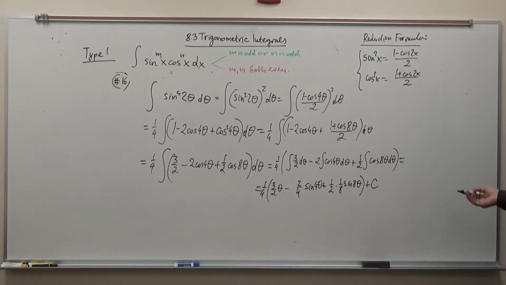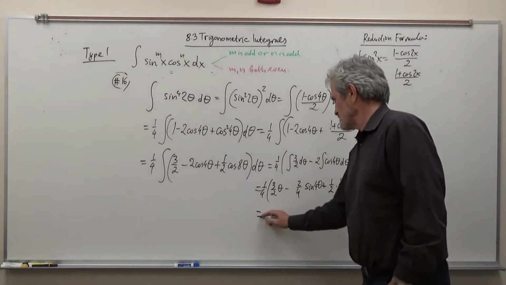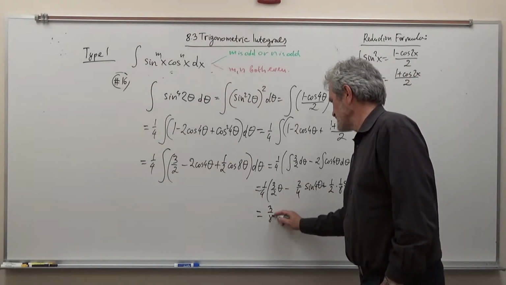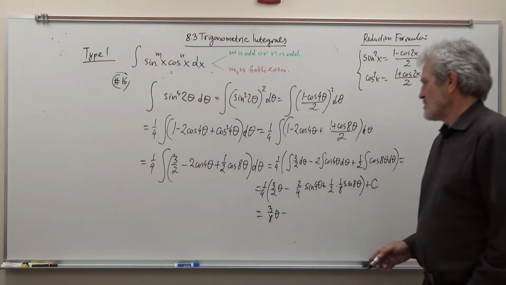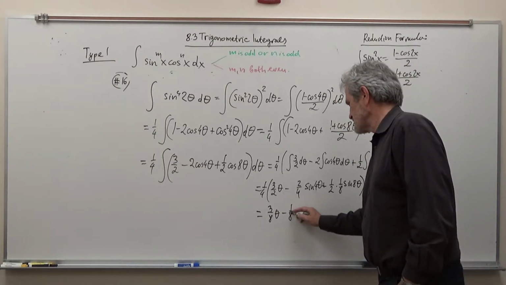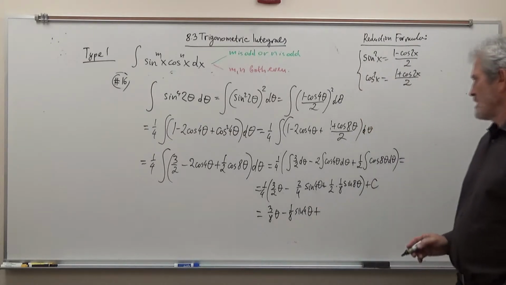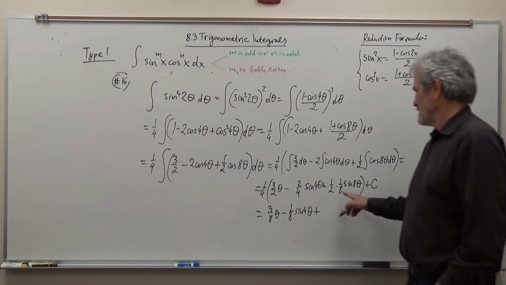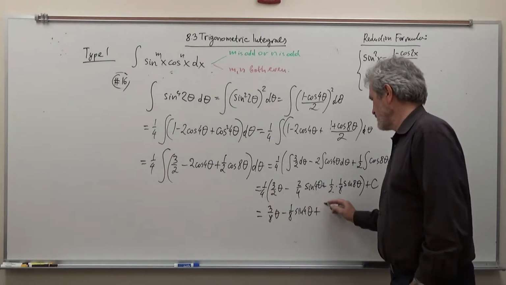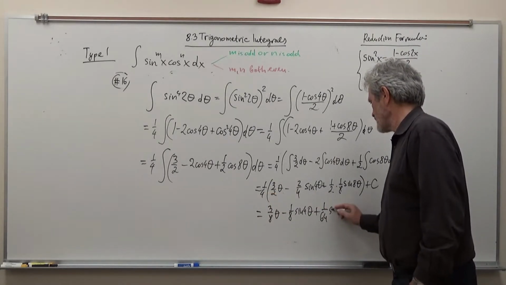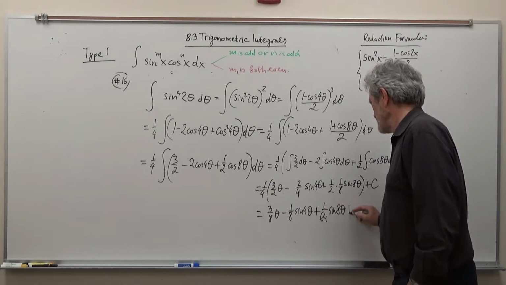We are done. Maybe do the distribution, so it's 3/8 θ minus 1/8 sine 4θ, and plus, this is 16 times 4, 1/64 sine 8θ.